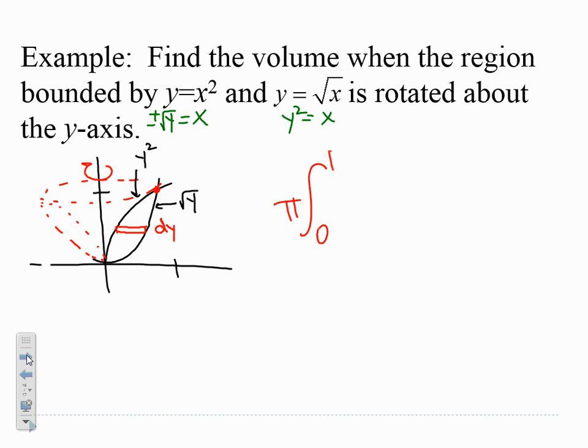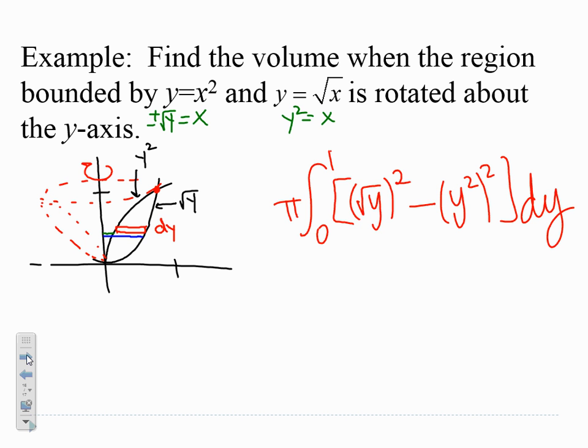So we're going to have, from our axis of rotation to our function, here are your two radii. Which one's larger? The blue, so that's the first one that we need. Right minus left. Right minus left for the larger one is what? Square root of y minus 0 squared, minus y squared minus 0 squared dy.